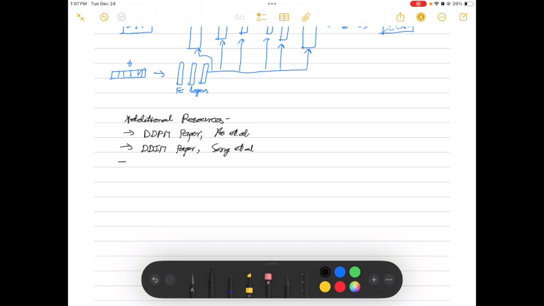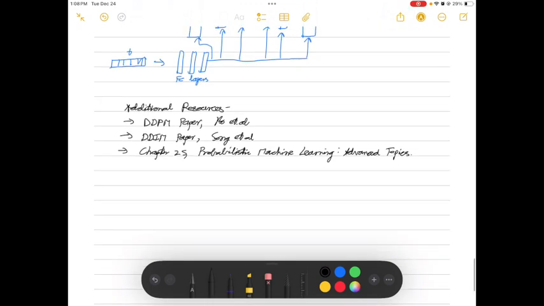And if you want to dig deeper into the training scheme and how these models are trained or accelerated, then there is chapter 25 of this book called Probabilistic Machine Learning, Advanced Topics. So these additional resources will give you a much better and deeper understanding of diffusion models.